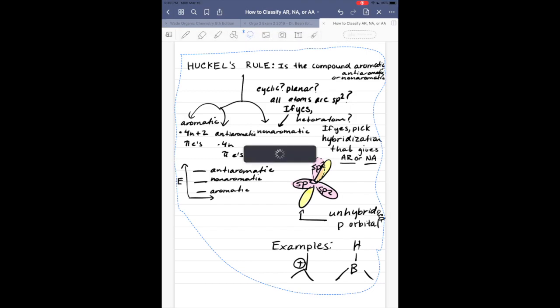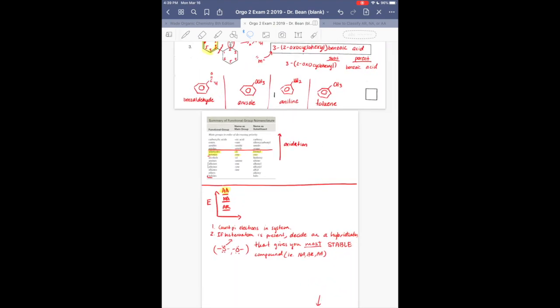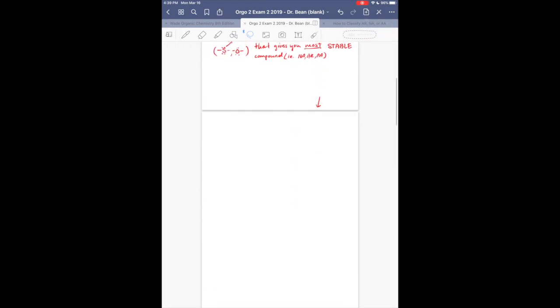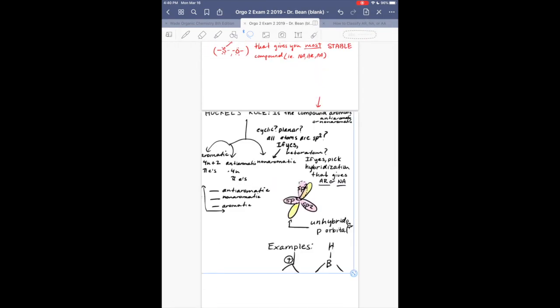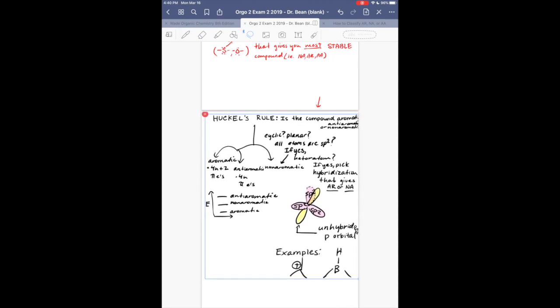Copy. So in order to do that, I'm going to have to add another page like this. I just think that this is so important, so I want you guys to feel really strong about it.